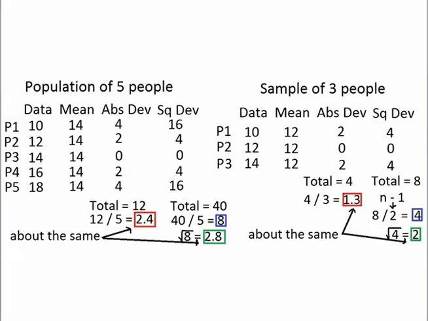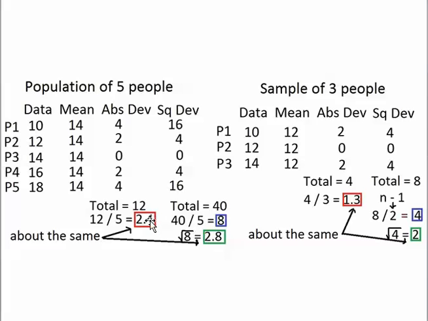Also, one other point is that I talked about how the MAD is the average distance to the mean. Notice here how the standard deviation, which is in green, comes out to about the same number that the MAD does. The MAD, right here, came out to 2.4, and the standard deviation came out to 2.8.